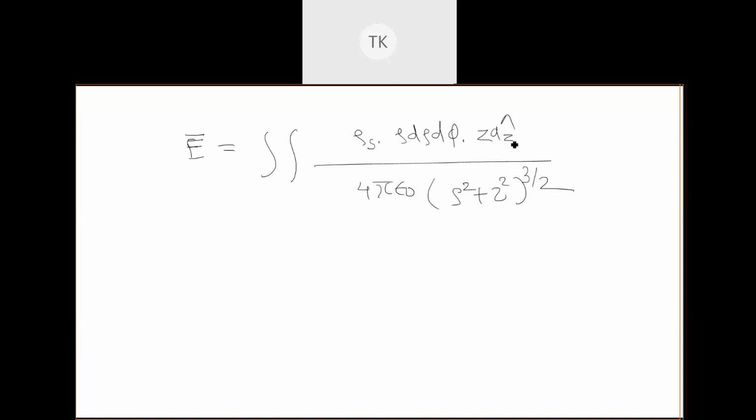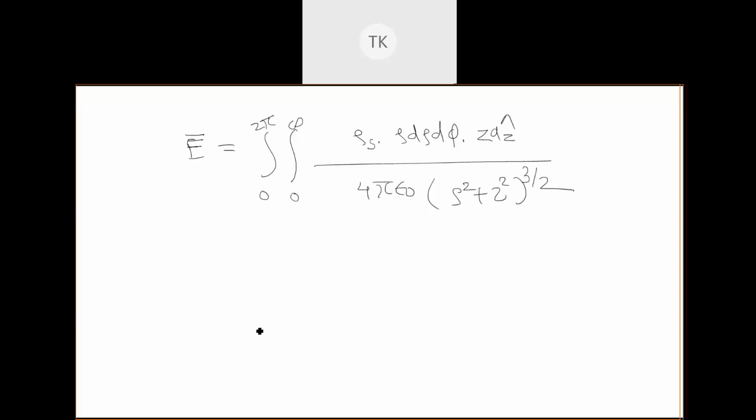Okay, a_z cap is a vector perpendicular to the surface charge distribution, so we can replace a_z cap with a generalized term, a_n cap. But before that we need to specify the limits: rho from 0 to infinity, and phi from 0 to 2 pi.